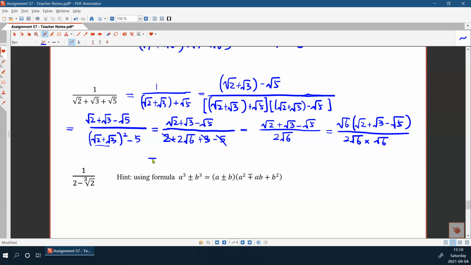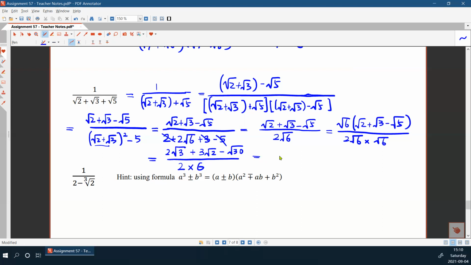So this becomes, the denominator becomes 2 by 6, right? And the numerator becomes twice of square root of 3 plus 3 times square root of 2, and then minus square root of 30, right?